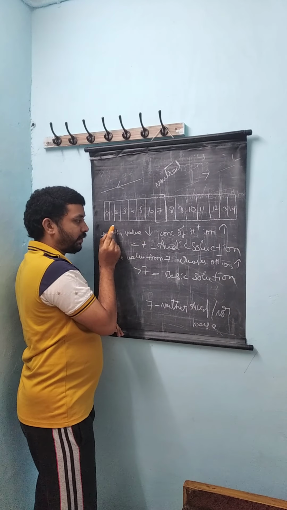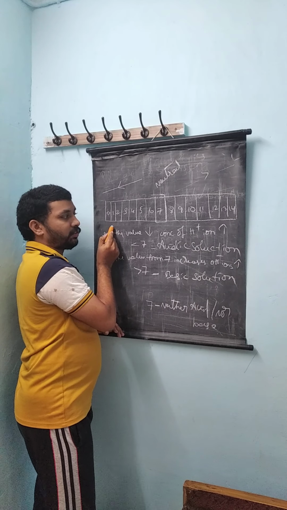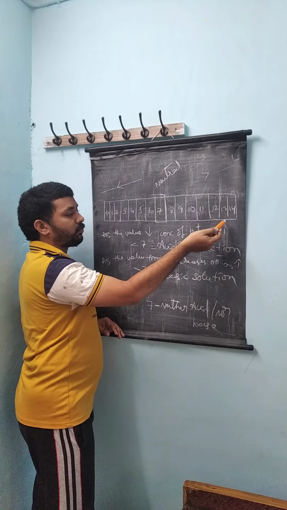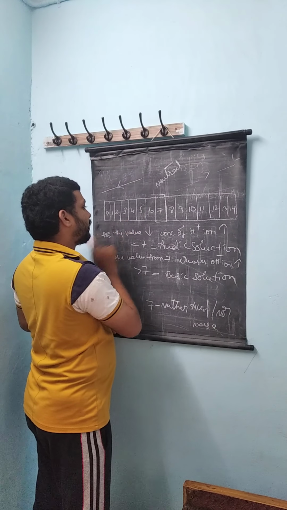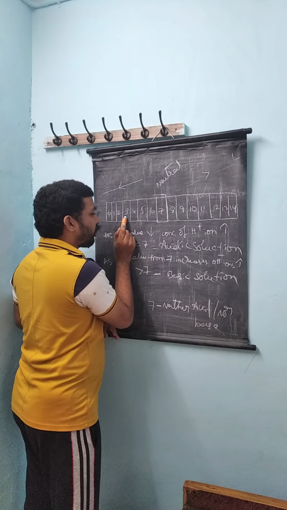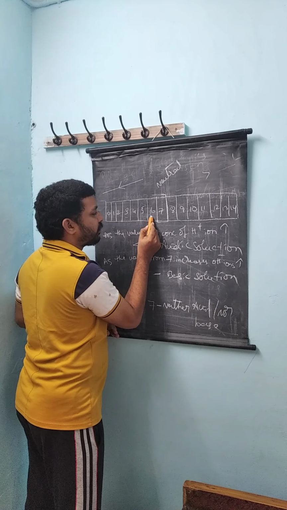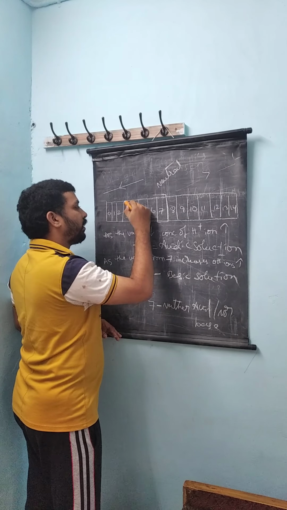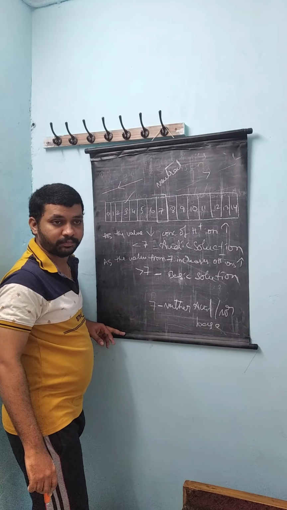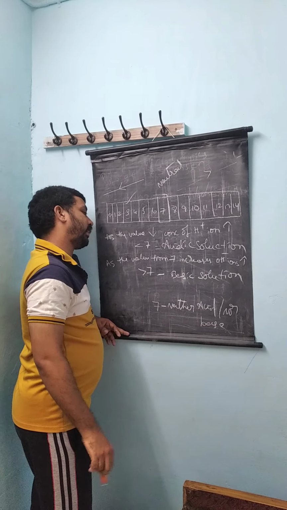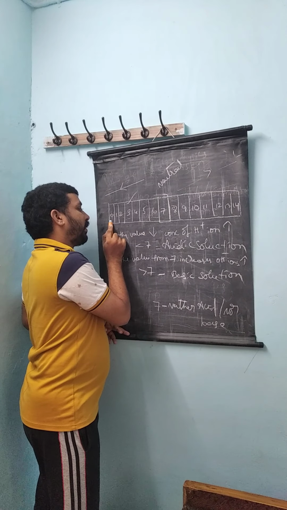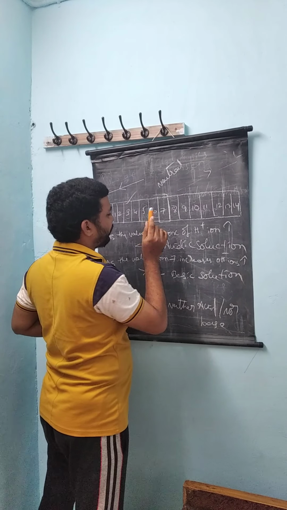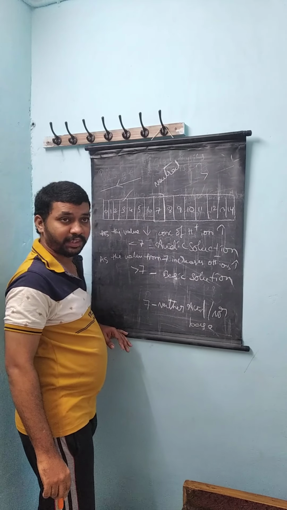So as the value decreases, the H plus ion concentration increases. That means when we compare the pH value of 3 and the pH value of 6, the one with higher concentration is 3. Highly concentrated acids have pH values 0, 1, 2, and weak acids are 5, 6, like that.